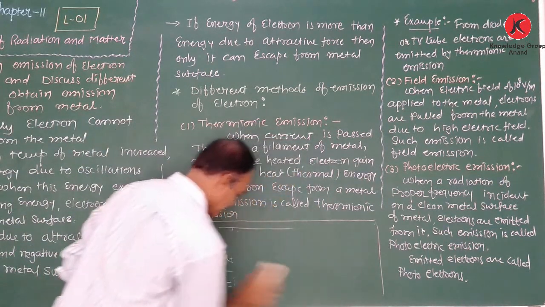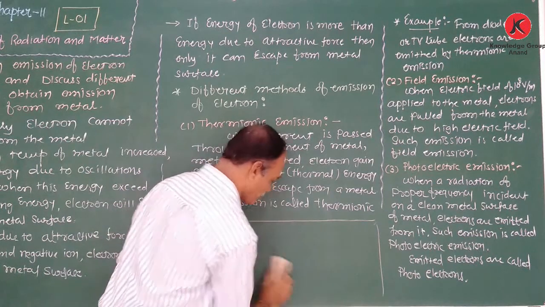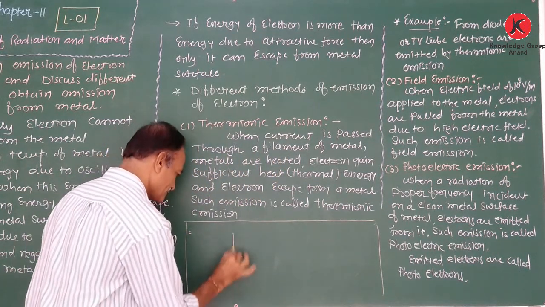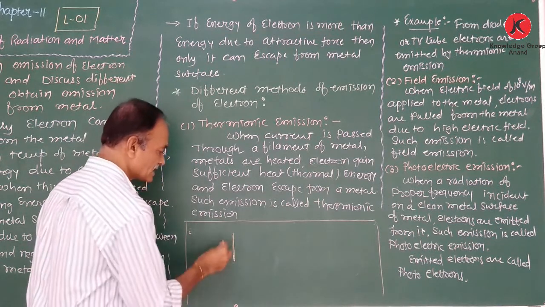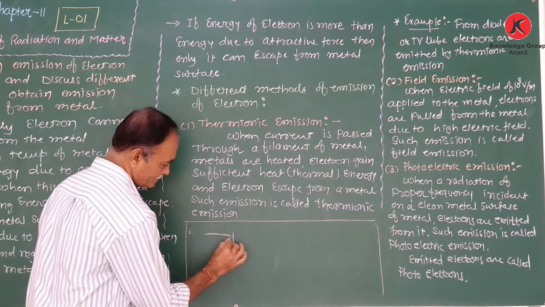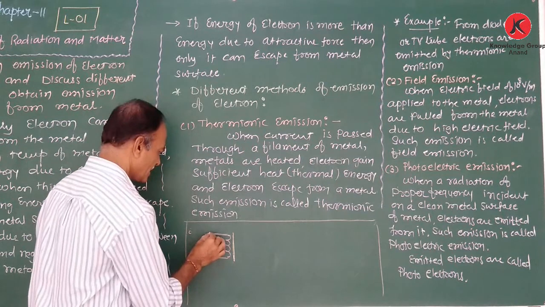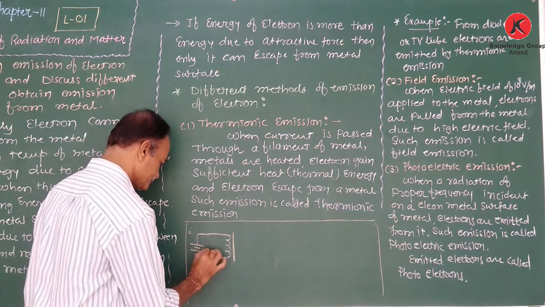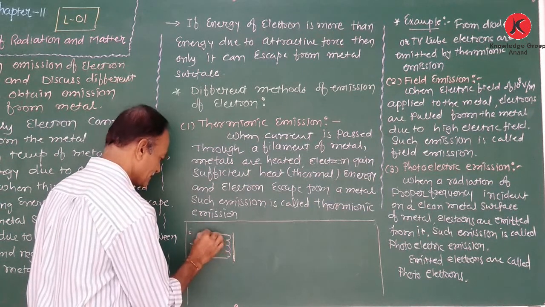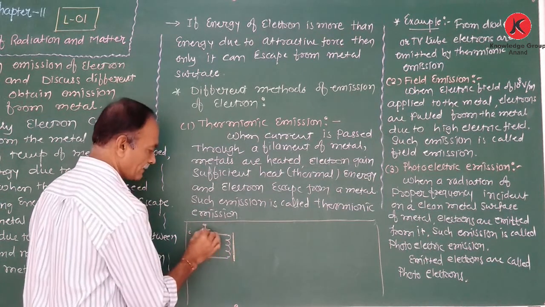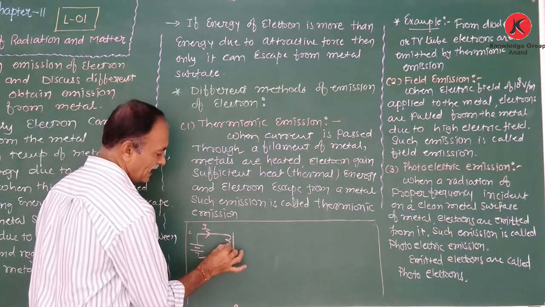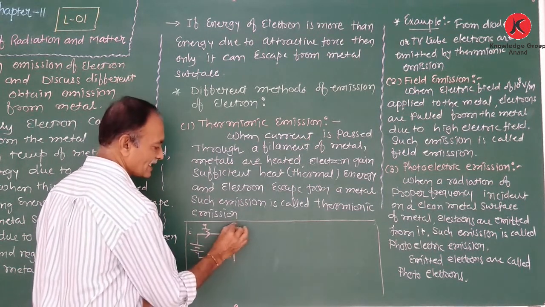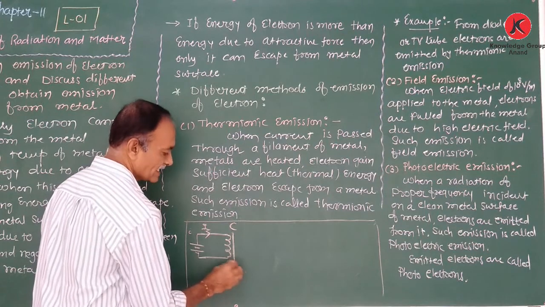Now, what is thermionic emission? For that purpose, here in the picture tube, there is the metallic surface, and here there is the filament. Current is passing through this filament, so this filament is heated. As a result, the metallic plate, which is known as the cathode, is heated.